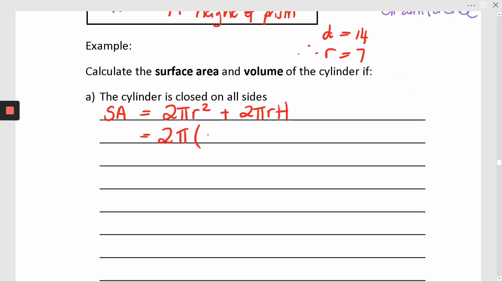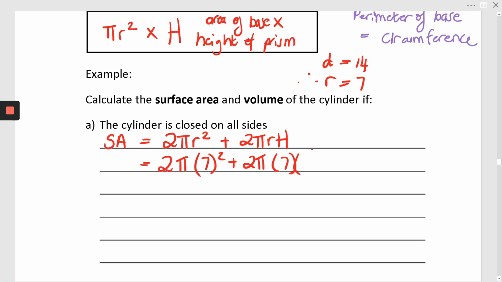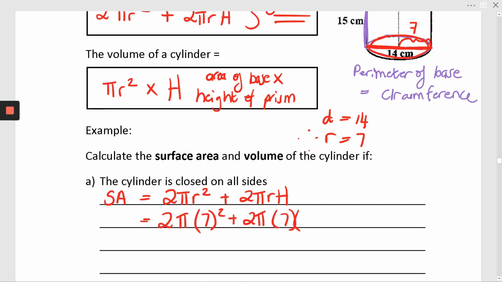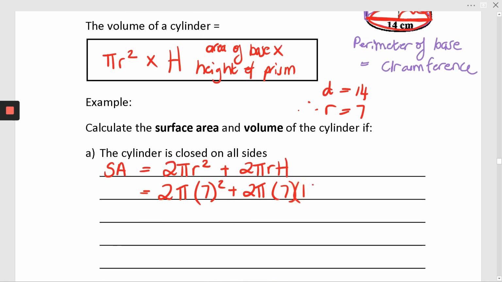So 2 pi times 7 squared plus 2 pi times 7, and then the height of the prism is 15. When we use the pi button on the calculator, we're going to find that the answer comes out in pi, which is okay. We end up getting 98 pi over here. And if you do Maths Core next year, you will always be using the pi button, and you will have your answers in pi.